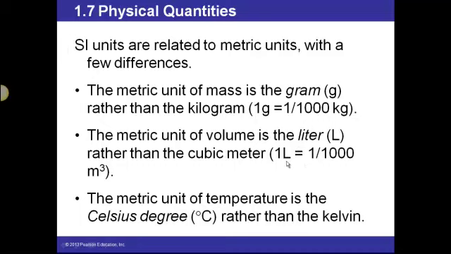So for equivalencies, 1 liter is equal to 1/1000th of a cubic meter. So we'll talk about exactly what this means here when we start looking at what volume means. And then the metric unit of temperature is the Celsius degree rather than the Kelvin temperature. So these are just a few differences between the SI units and the metric units.